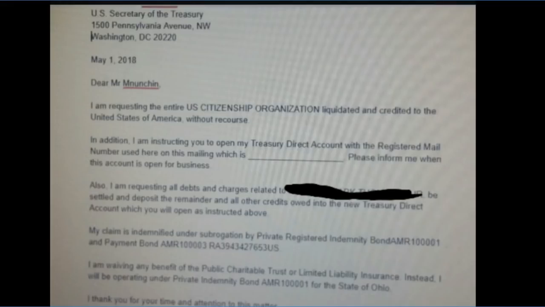They are instructing you to write the U.S. Secretary of the Treasury. They are instructing you to request that the U.S. Secretary of Treasury or the head of the Treasury open a Treasury Direct account and place all funds that have been located within the Treasury Direct calculator or fidelity calculators, which you think belong to you, but indeed they actually do not, and place those funds within a Treasury Direct account.